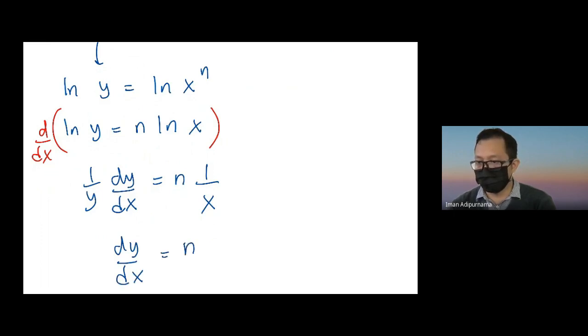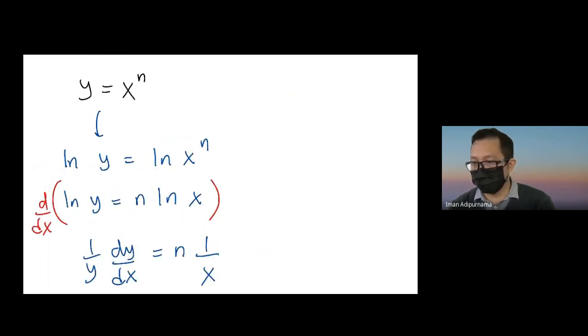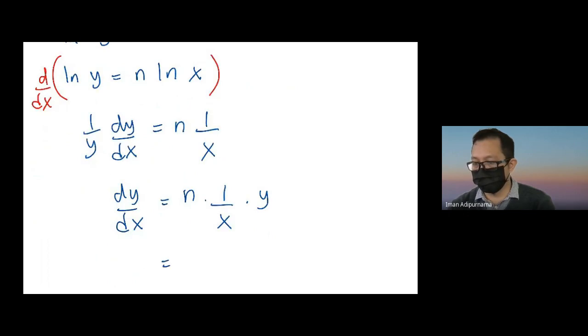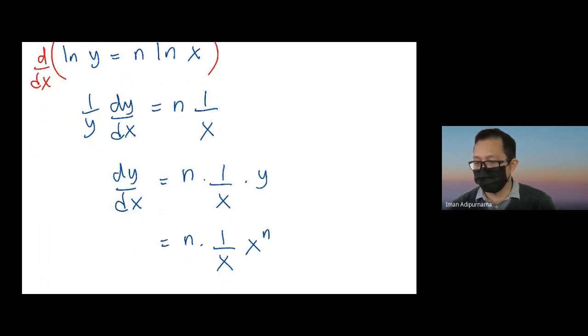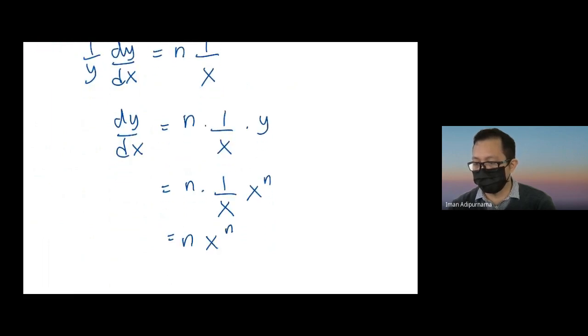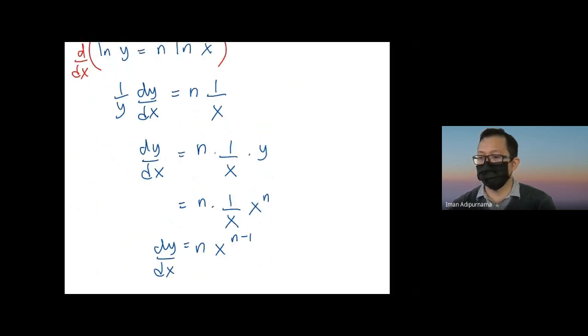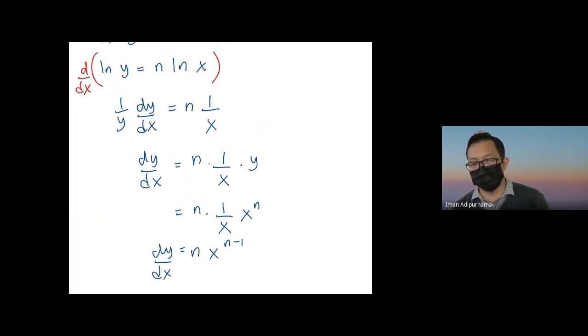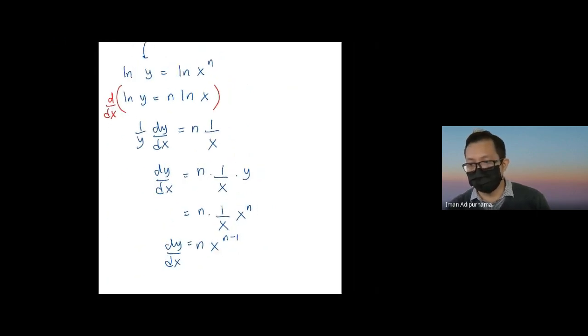So dy dx will be n, 1 over x, and then y. y is x to the power of n. So we can also prove the power rule with implicit differentiation.